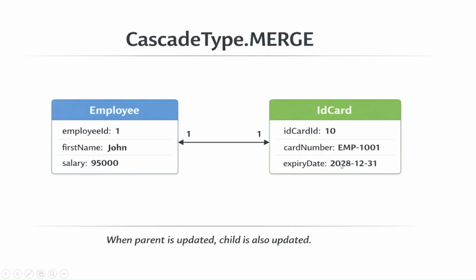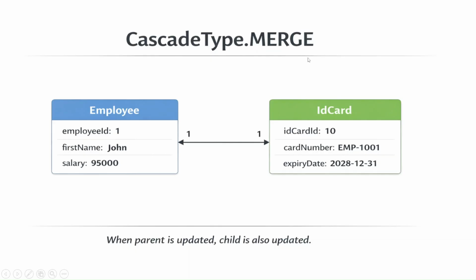Earlier it was 2025, now it is changed to 2028. Now I want to make sure when I update the employee, ID card should also get updated. So in such cases, we use cascade type merge.